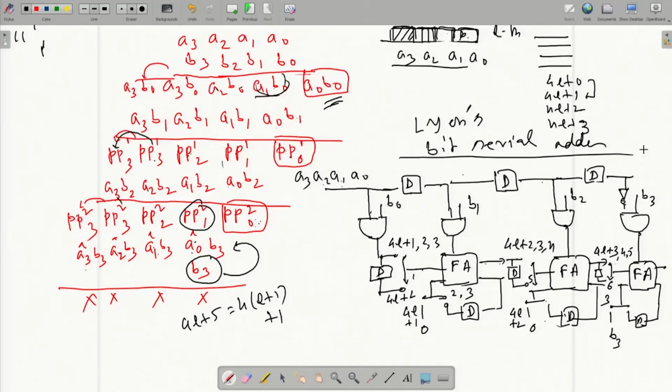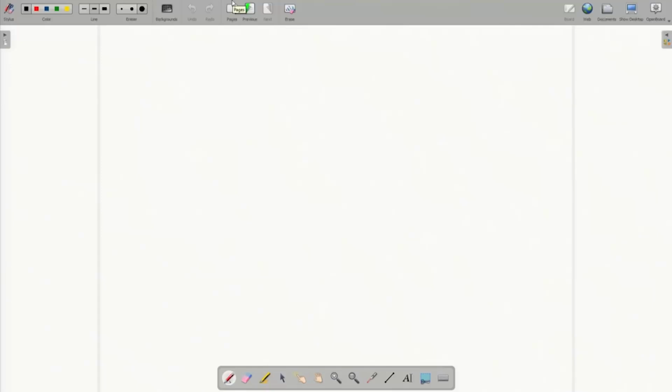All right. Our next topic will be, going beyond this multiplier. Why not take the whole digital filter itself and have a bit serial realization. That is the next topic, bit serial realization of FIR and IIR filters.